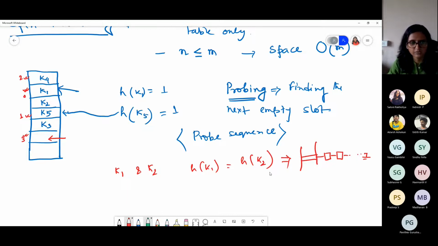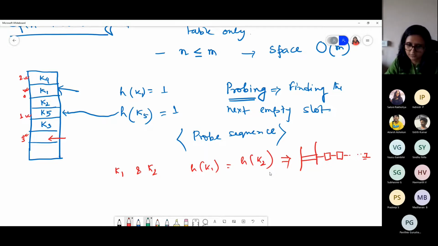But here, even though these two elements may have the same hash key values, they are not stored in the same position, right? Maybe they will be stored some distance apart.